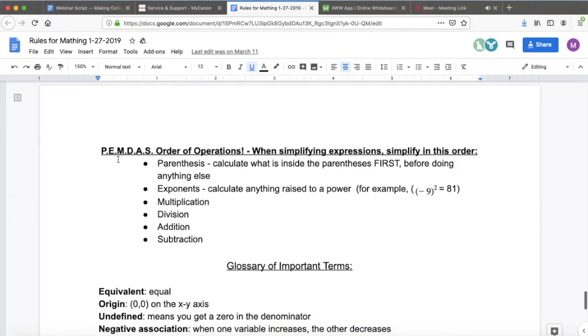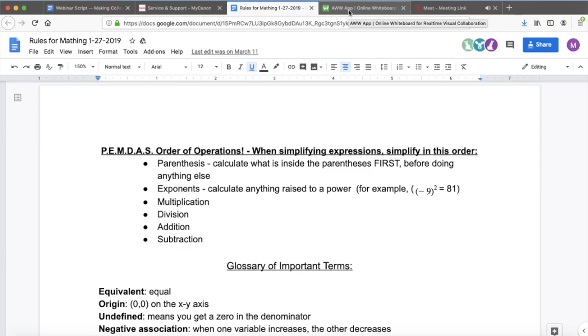It's an acronym. The P stands for parentheses: calculate what's inside the parentheses first. Then deal with the exponents. After parentheses and exponents, move on to the multiplication and division. And then lastly, do the addition and subtraction. Does that order of operations make sense now? You may have seen it before, maybe you haven't learned it as PEMDAS.